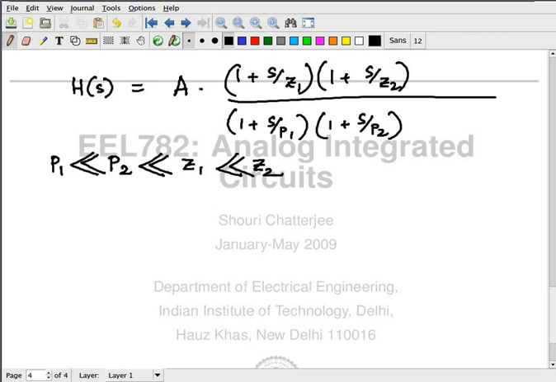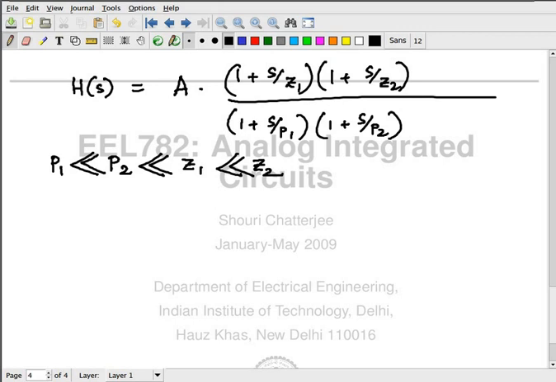This is the first time I'm making an approximation. P1 equal to P2 is a special case. We won't worry about it. Or modulus P1 equal to modulus P2 and they are a complex conjugate pair.